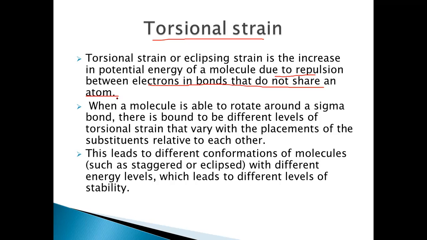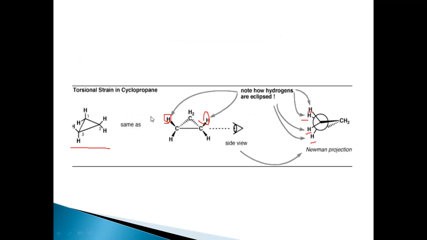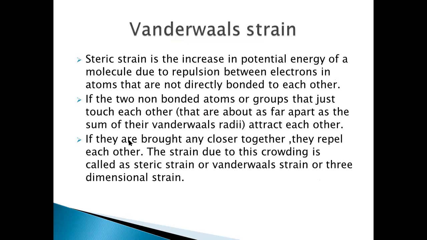So on the different atoms, these electrons are present, but they are facing these repulsions, and thus this will result in the increase in the potential energy of the molecule, resulting in the instability of the molecule.